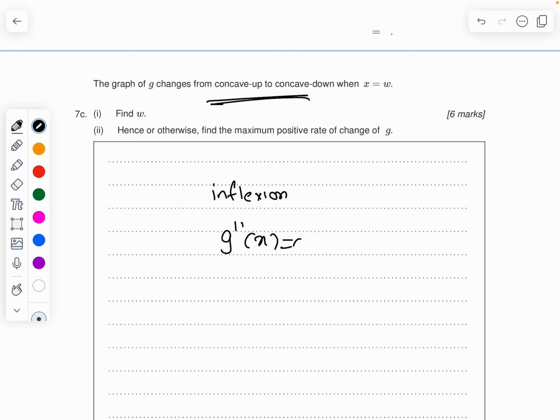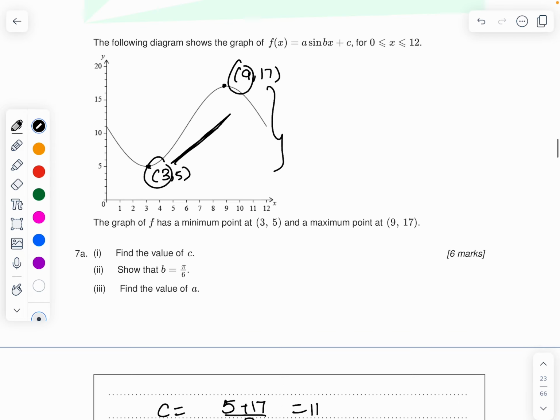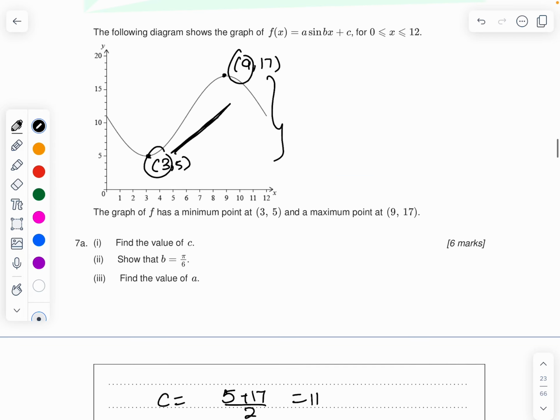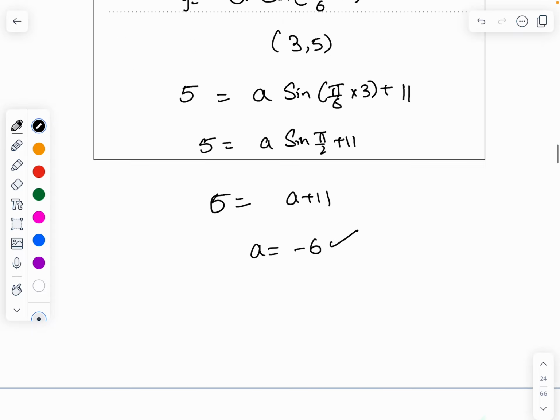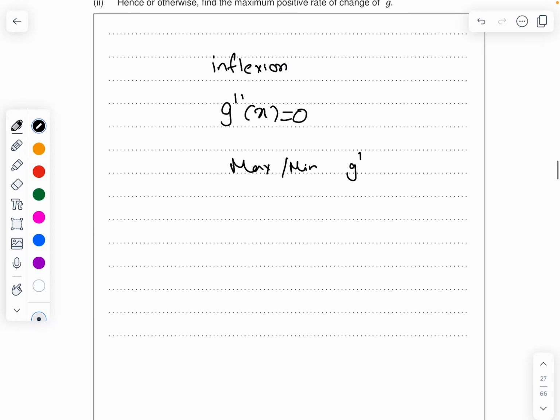That means a maximum or minimum point of g prime. So what am I going to do? I am going to sketch the graph and find that maximum or minimum point for g prime, which is going to be at 8.5. Use a GDC, and you should be able to get that answer at 8.5.